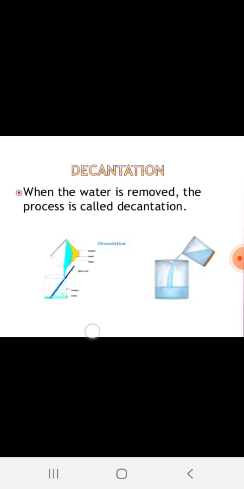That process to separate the liquid from the sediment is known as decantation.